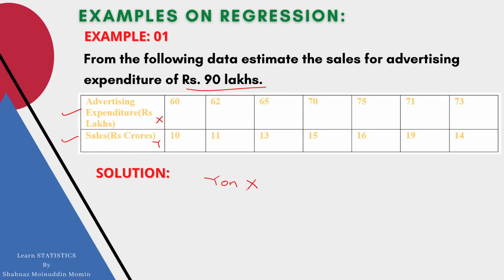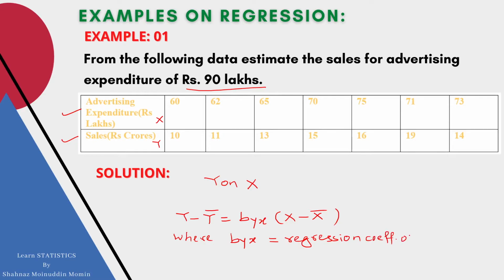We know that the regression line of Y on X is given by Y minus Y bar is equal to BYX into X minus X bar, where the constant BYX is nothing but the regression coefficient of Y on X, and this is given by the formula r sigma Y divided by sigma X, which can be written as summation xy divided by summation x square.